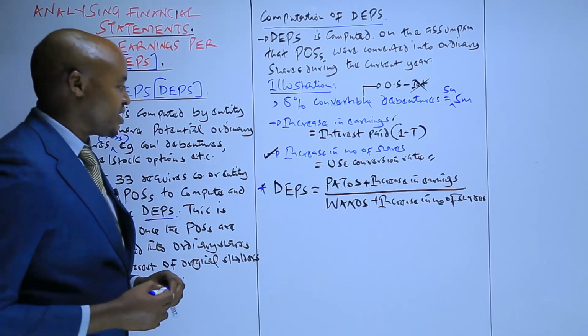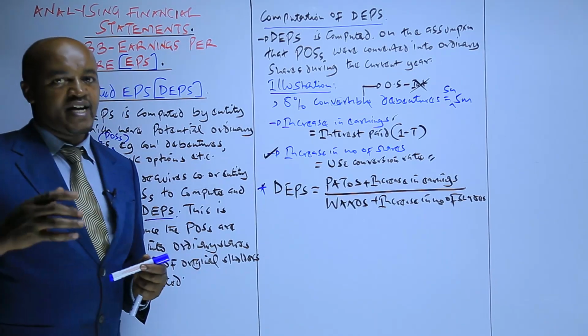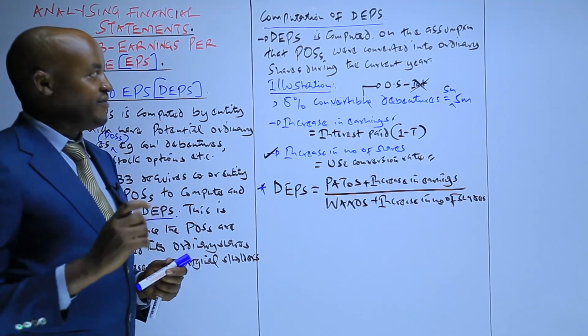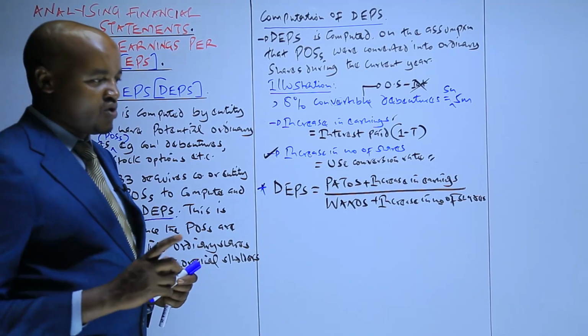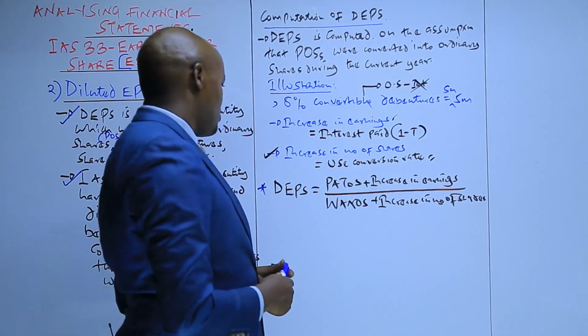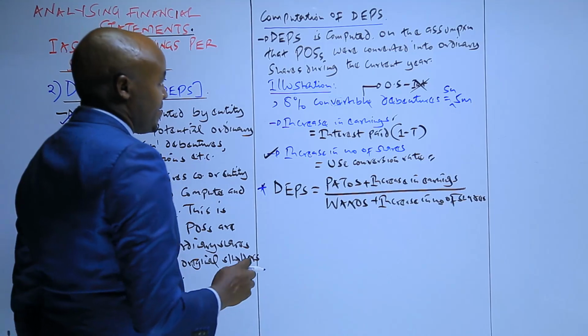Now, from there, we proceed and look specifically at how we deal with the various types of potential ordinary shares in the computation of diluted earnings per share.